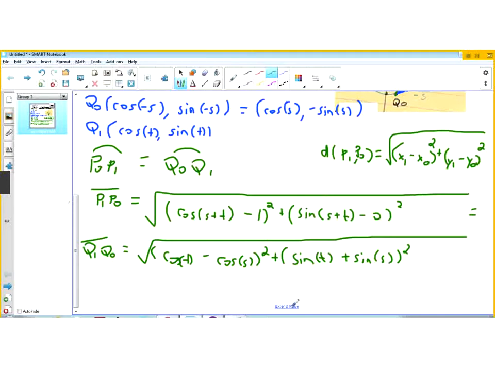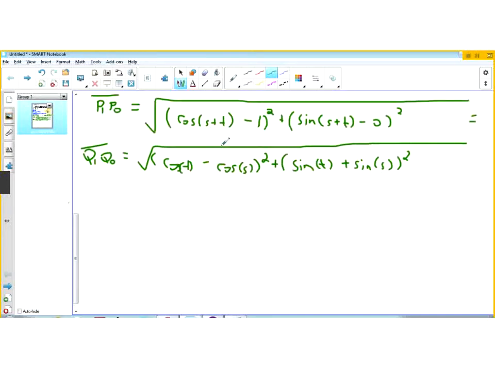So now these two distances must be the same. Let's focus on these two distances. We can get rid of the radicals by squaring both sides, and then we'll complete the squares of the binomial terms.